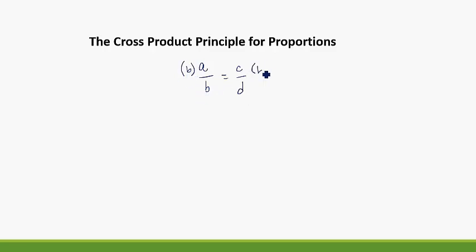Just as we saw in the previous video, if you multiply one side of an equation by a value, you have to multiply the other side in order to keep your equations equal.